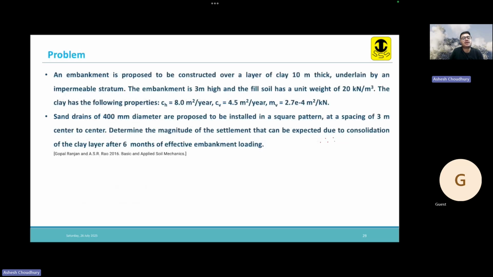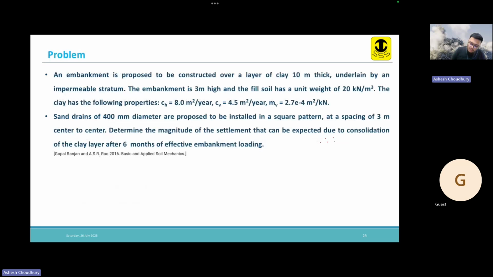Sand drains of 400 mm diameter are proposed to be installed in a square pattern at a spacing of 3 meters center to center. Determine the magnitude of the settlement that can be expected due to consolidation of the clay layer after 6 months of effective embankment loading.